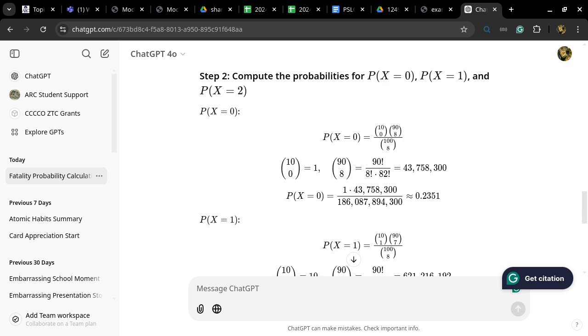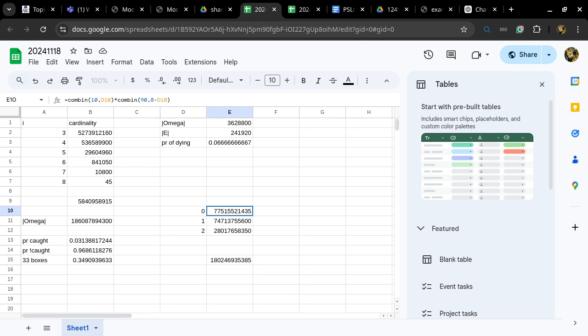But it's still only 0.235%, as opposed to this one, which is already 1/2 of almost all the cases. Because if I do a division between this and omega, that's like 0.41. So something is not right.